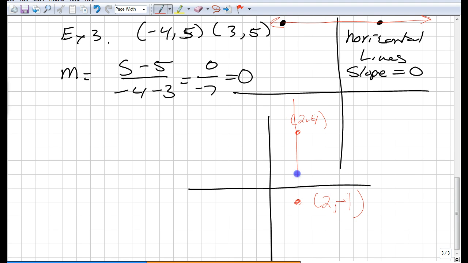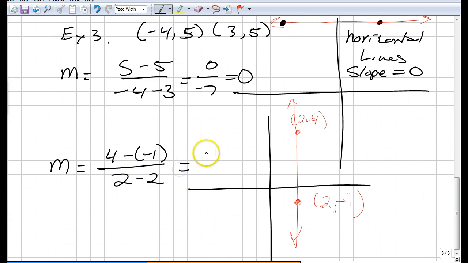Notice that that's a vertical line, which is infinite steepness. And when I do the slope formula, I get 4 minus negative 1 over 2 minus 2, which is 5 over 0.